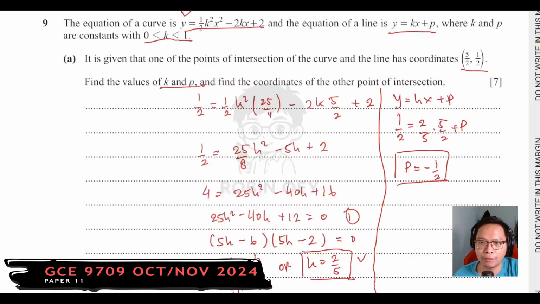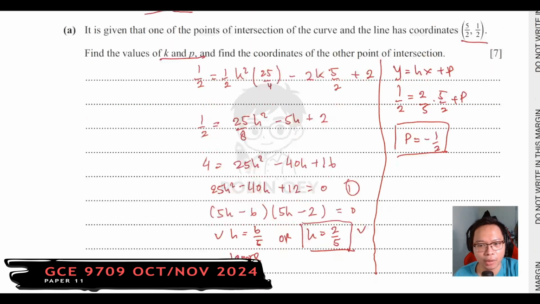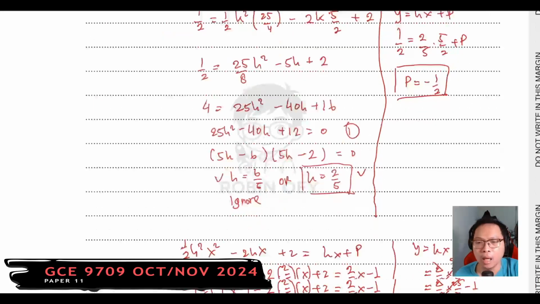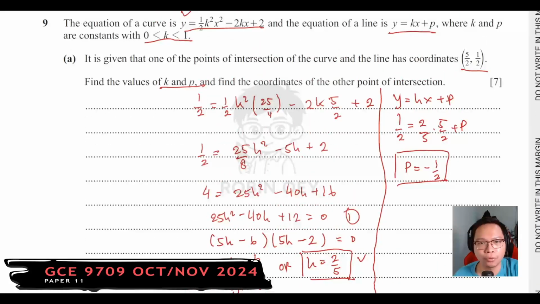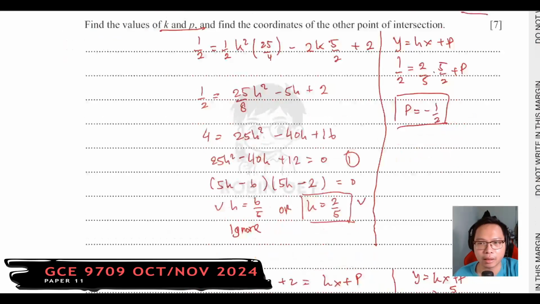Once we get 2 over 5, I'm using y equals kx plus p, and I input the half and the y and x coordinates, and the k as well. That's how you get p equals negative half. Okay, now we have k and we have p. The question asks us to find the coordinates of the other point of intersection.